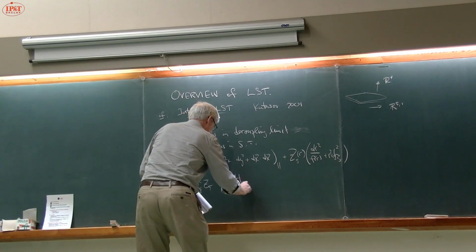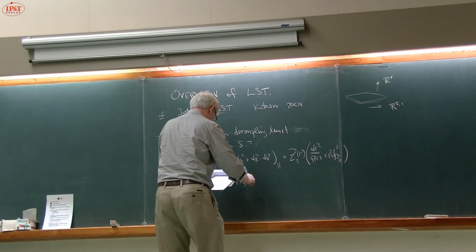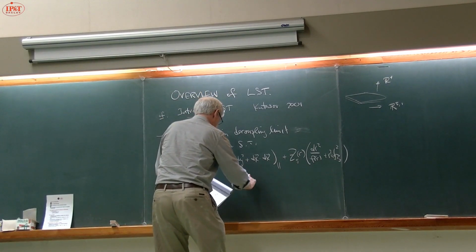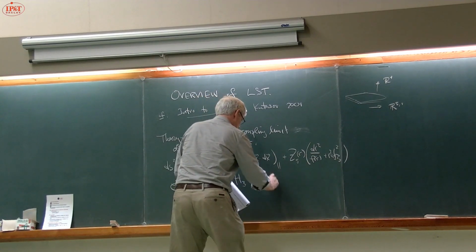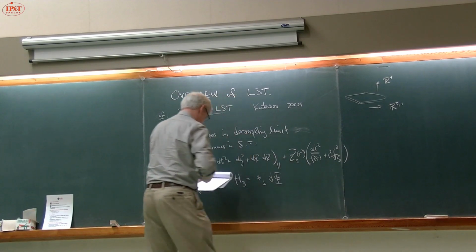The 3-form flux that measures the 5-brane charge is the dual in the transverse directions of the dilaton.